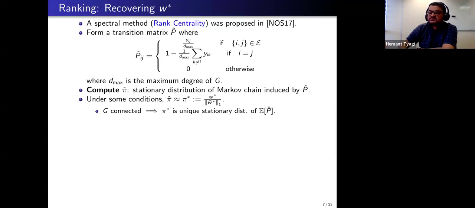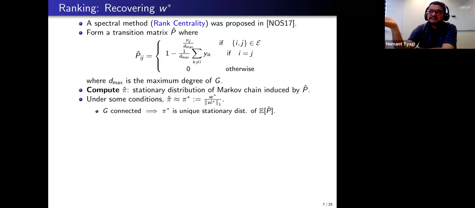Because W star can only be defined up to a global scaling. So here pi star is normalized. So it's W star normalized by its L1 norm. So we cannot estimate W star, it's not well defined, but clearly pi star is well defined. So we're going to estimate pi star. And intuitively, this makes sense because you might expect that P hat is close to its population version. So maybe pi hat should be close to pi star.